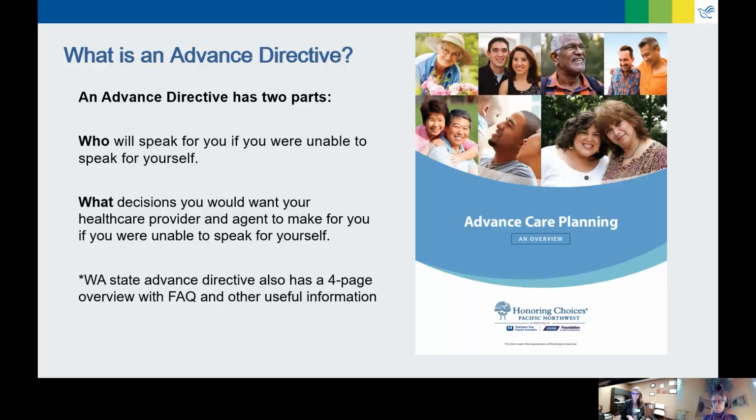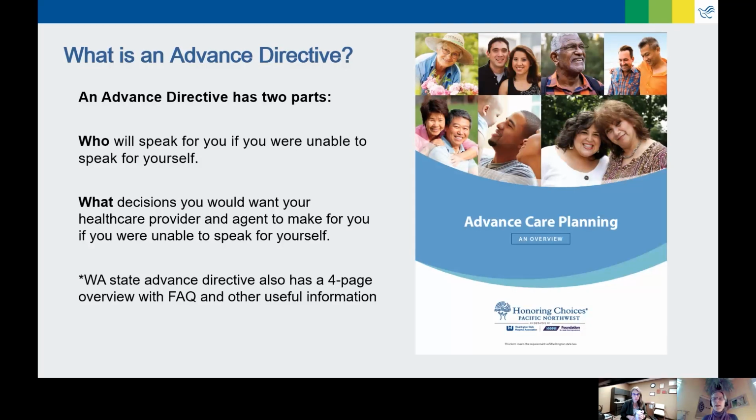The second part of most documents is the what. What decisions would you want your healthcare provider or healthcare decision maker to make on your behalf? And what information can we give in advance to help ease that time for them? You'll notice that the Washington state directive that we'll be going through today has a 4-page overview with lots of really great information.